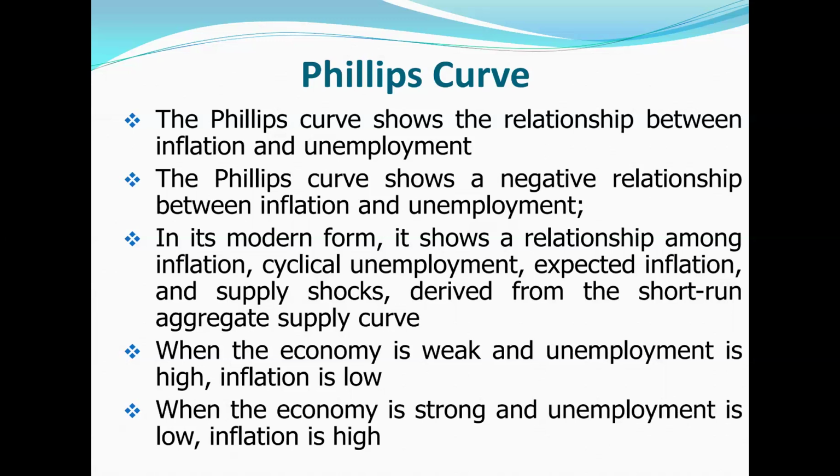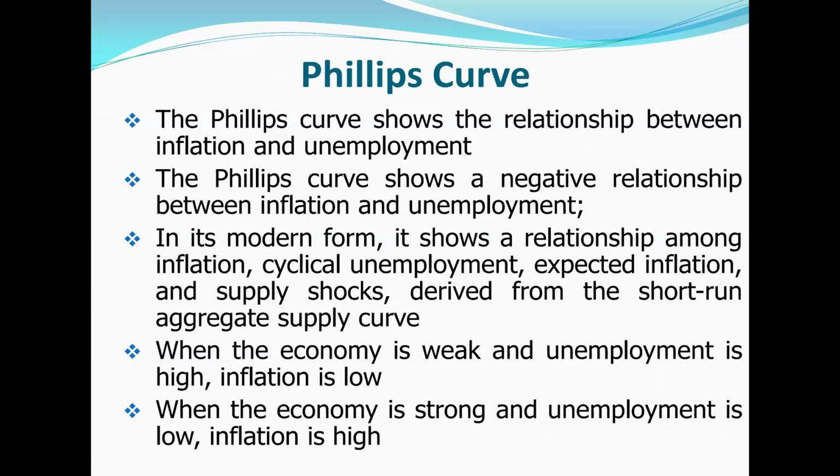The Phillips curve draws the relationship between inflation and unemployment. It is important to take home that there is a negative relationship between inflation and unemployment. When inflation increases, unemployment reduces. And when inflation reduces, unemployment increases again.